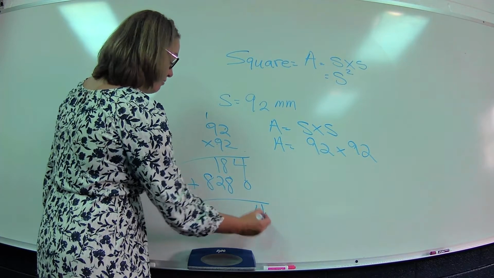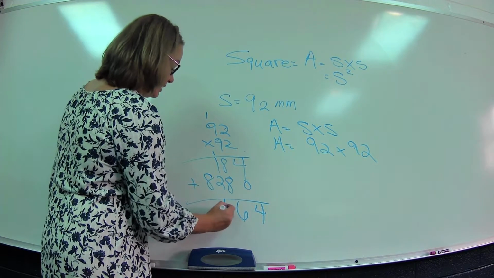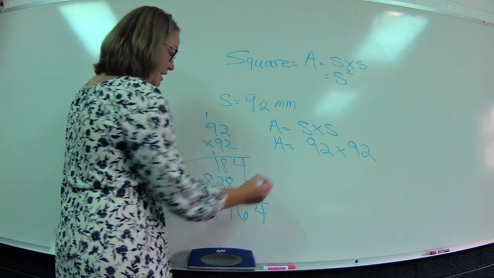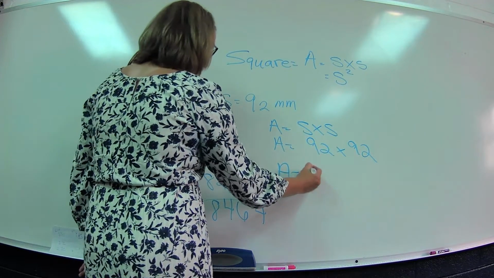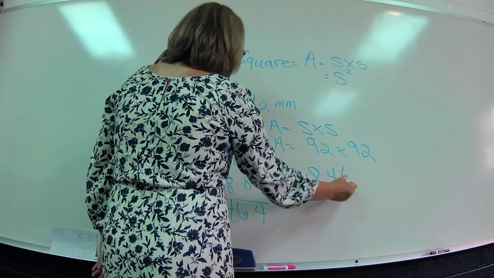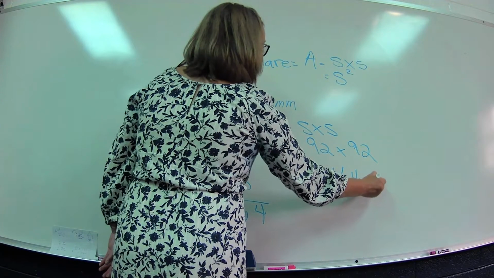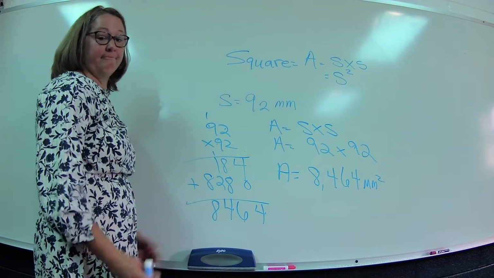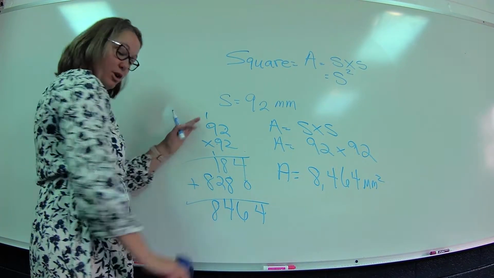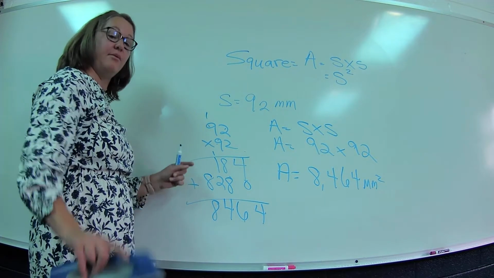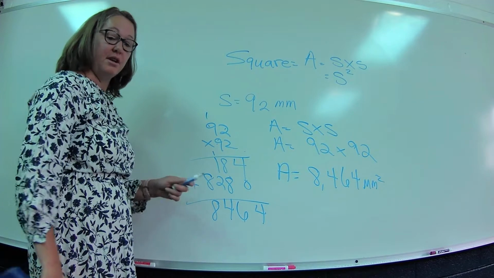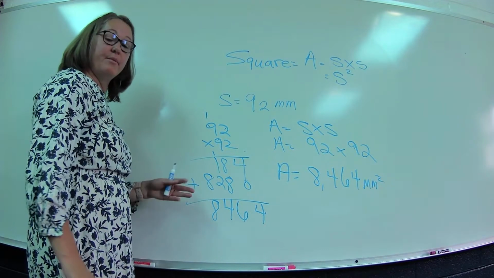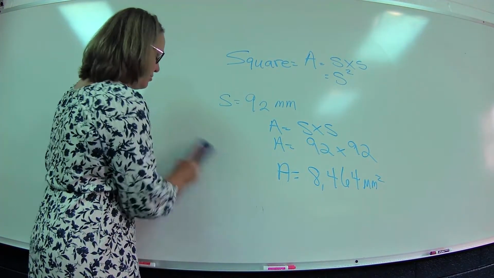Add 4, 16, 4, 8. So area equals 8,464 millimeters squared. Sometimes it takes a little bit more work on our multiplication, but that's why we practice multiplication on a daily basis, and we remember the process and the rules to follow.